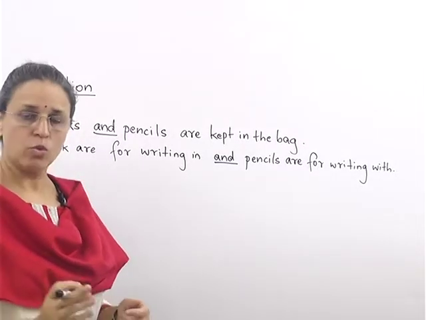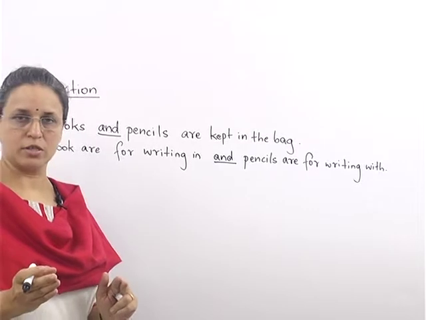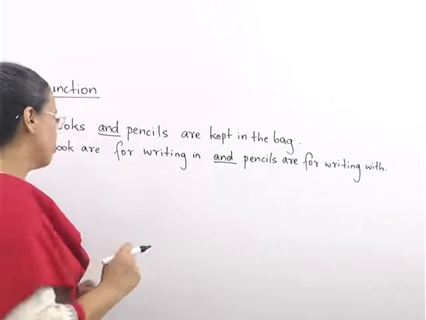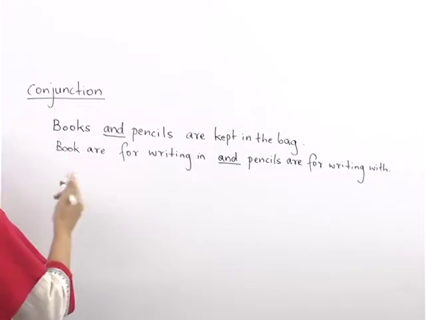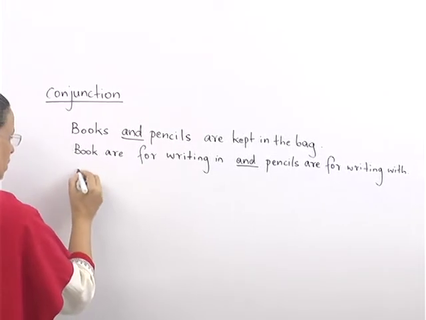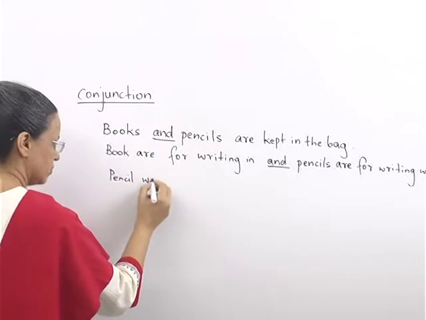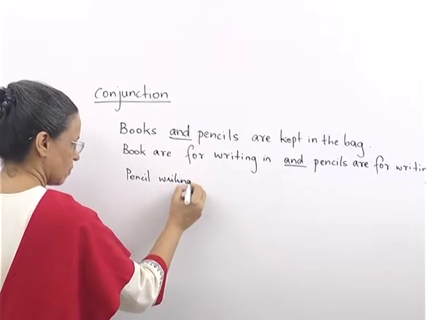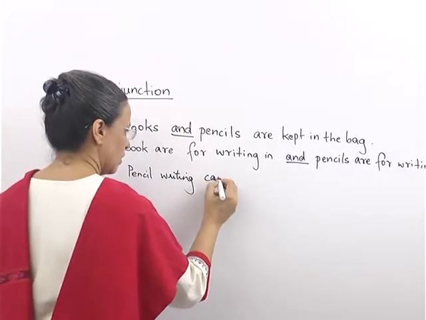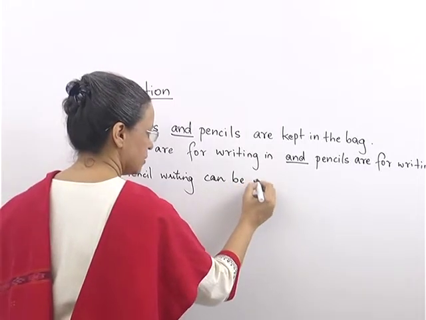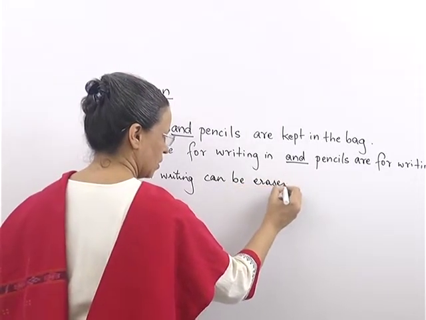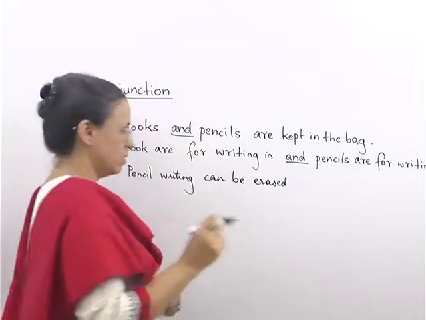But when you want to show opposite type of things, then we use but. For example, if I say pencil writing can be erased. That means you can rub it out.